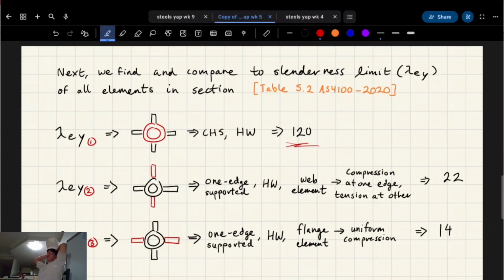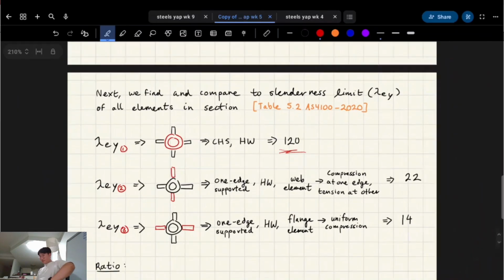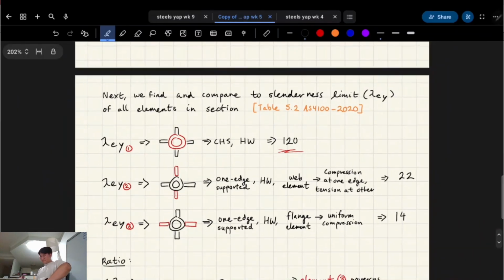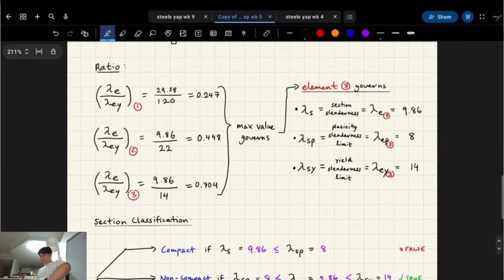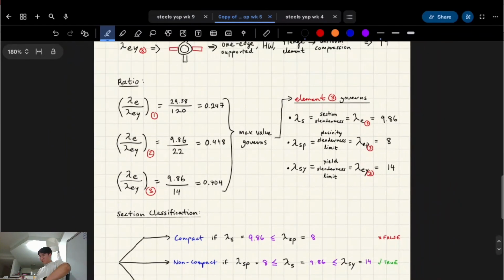Yeah, this is the yield limit. You have to make them really thin to be considered slender. Makes sense. Then you check which element governs.